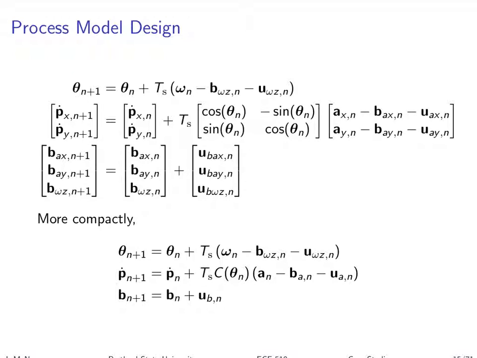Do you understand the thinking that went into the design of that process model? I mean, again, the lazy way would just be to say, oh, the velocity is just a random walk, or something like that for the acceleration.